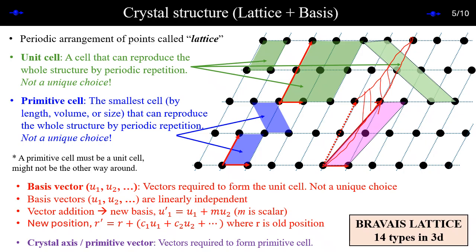Then you have this cell. Looks weird, but it works. You can copy it again and again here, and you can get this entire surface constructed without leaving any void. Okay? Clear? Any other questions?